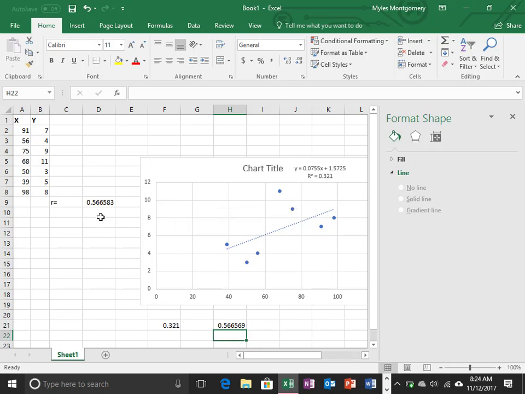The other thing that I need to mention is that we got from this information the Pearson's R calculated value. But if we were trying to do an analysis for statistical significance, we're still going to have to find the critical value.